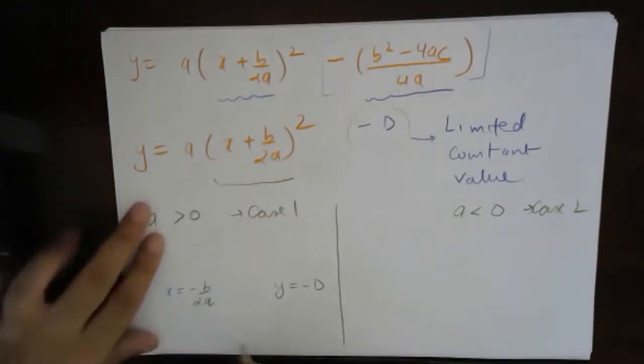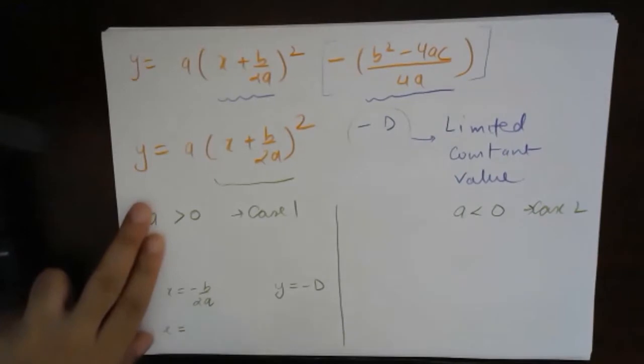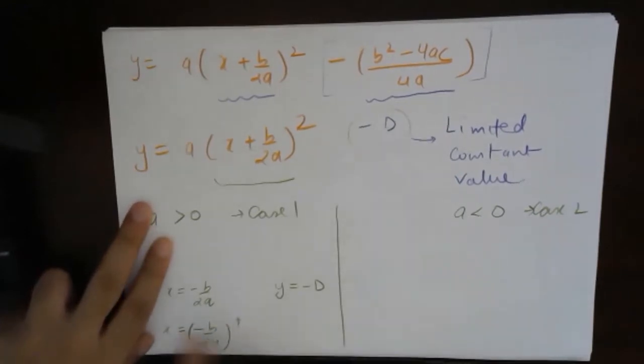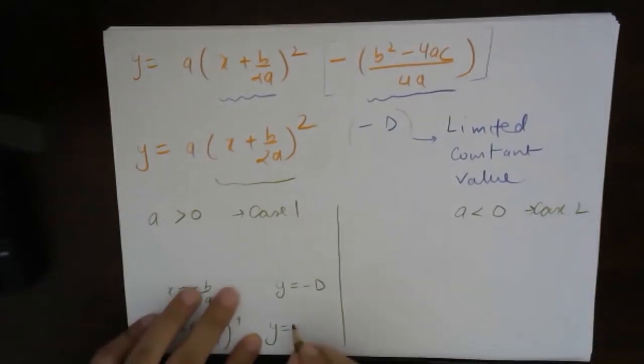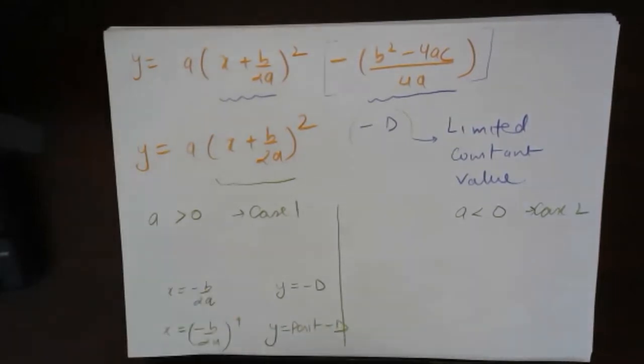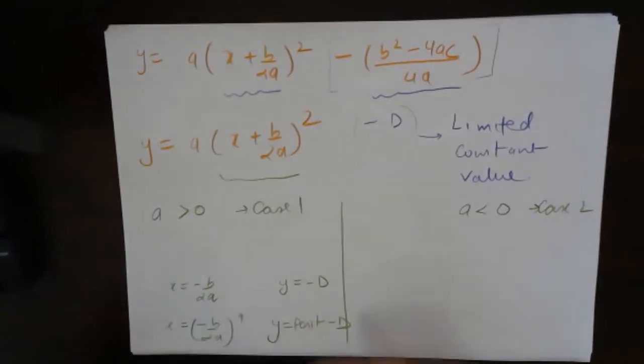So x is something greater than minus b by 2a, and y is equal to something positive minus d. So tell me which will be greater in value, this value or this value? Obviously this value. Why? Because we are now adding something positive to the minus d.